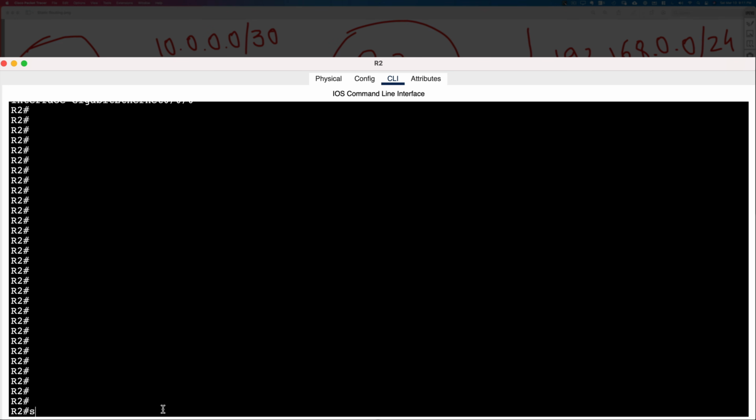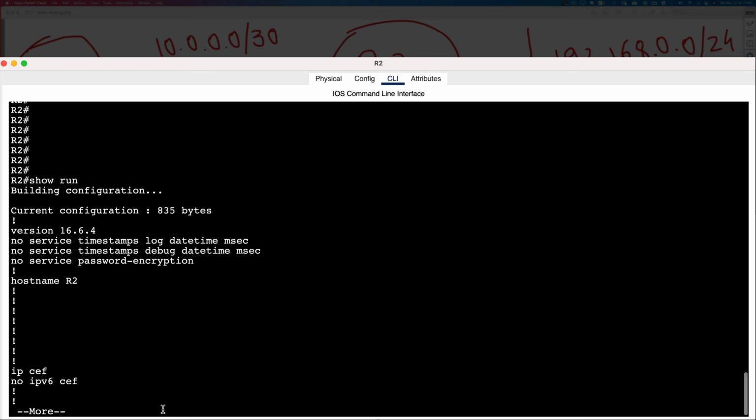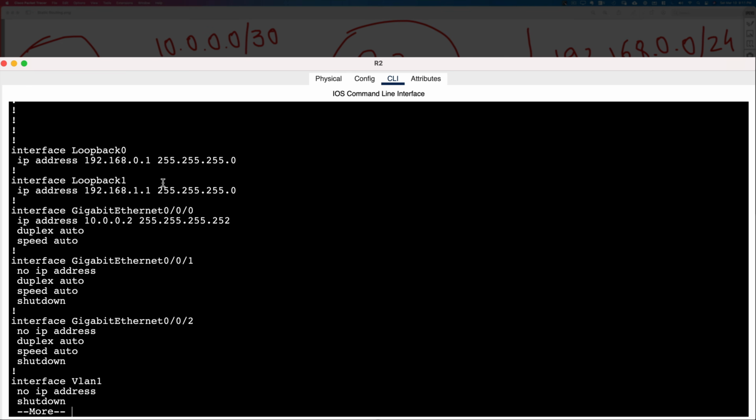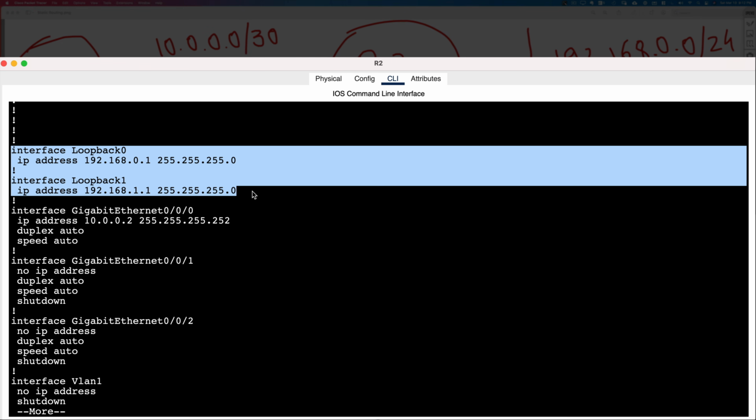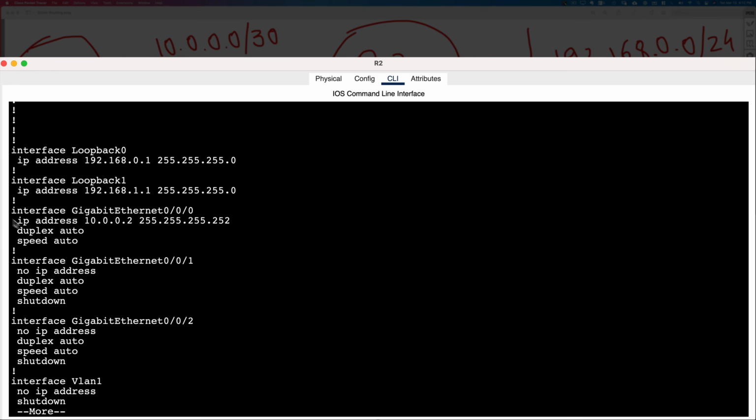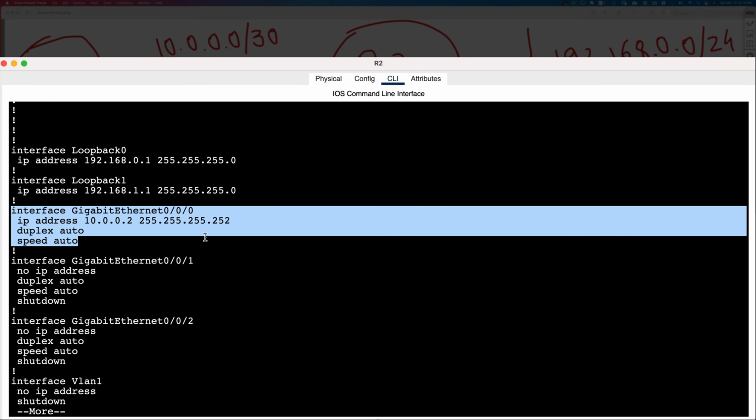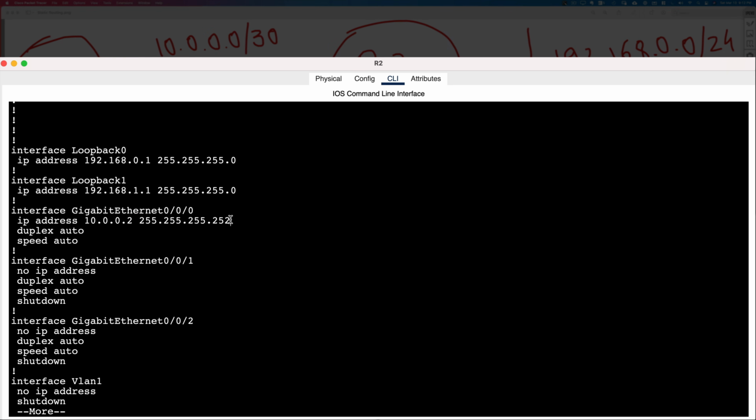Let me quickly show you what I mean. If I do show run, let me show you how I've specified these interfaces. Loopbacks are /24s, as you can see here. The Gigabit 0/0/0 is actually a /30 because it ends in .252.